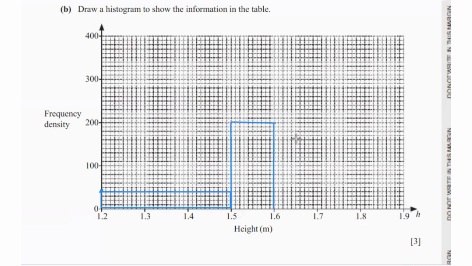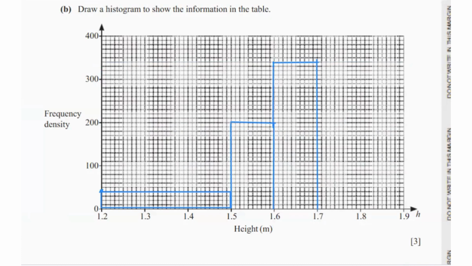Then 340. That's your bar for 340 from 1.6 to 1.7.